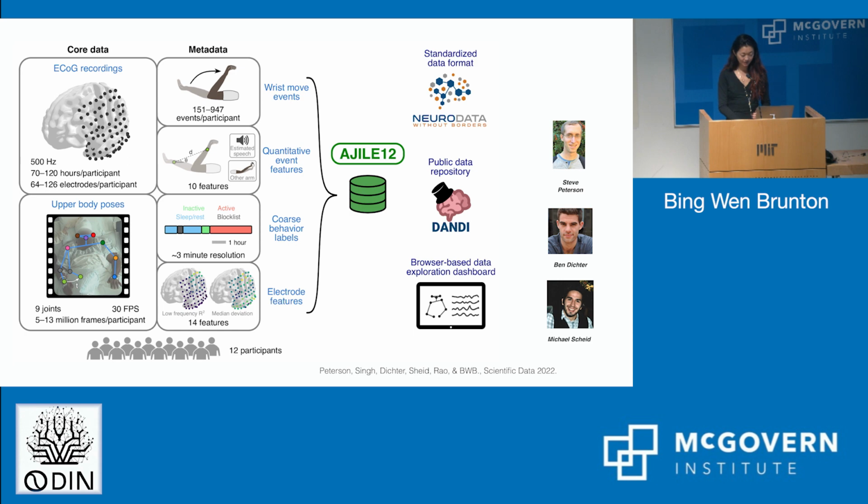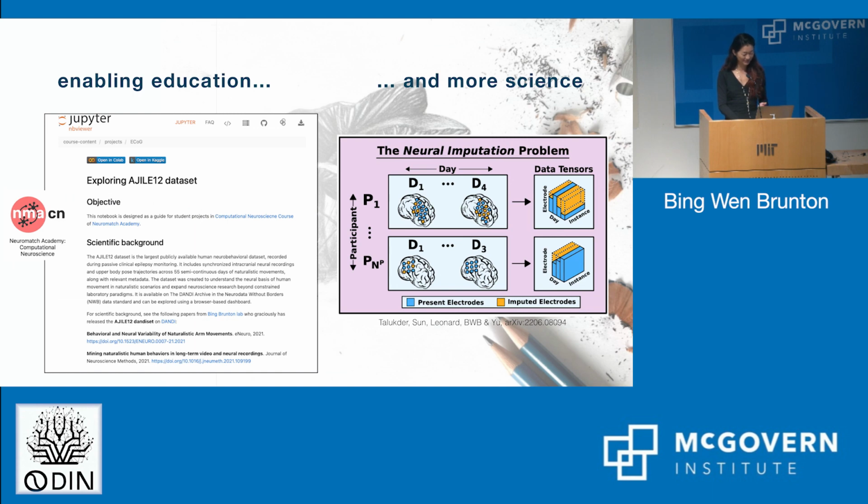I'm really glad that not only has this data set been published on DANDI, Nima contacted me earlier this year, and this has now been sucked into the NeuroMatch Academy ecosystem. So it's a resource that students who are learning computational neuroscience can use to explore our data set and use it as a way of exploring their own interests and asking their own questions.